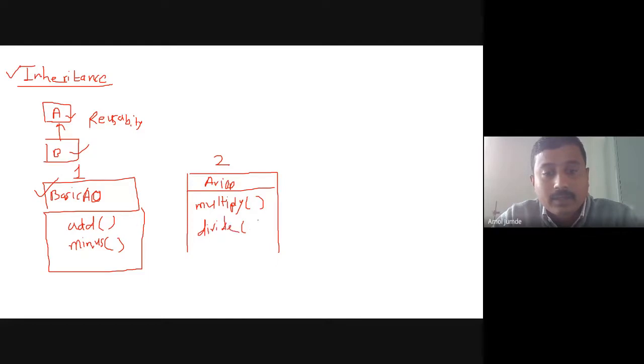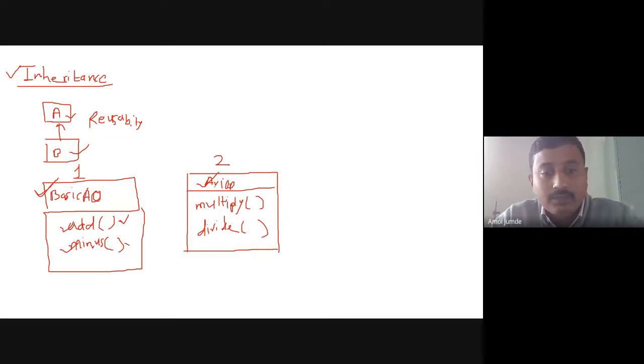Now consider this BasicArithmeticOperations class is already available with me. Somebody has already implemented add and minus, and I am writing this ArithmeticOperations class. We know that add and minus are arithmetic operations only, right?